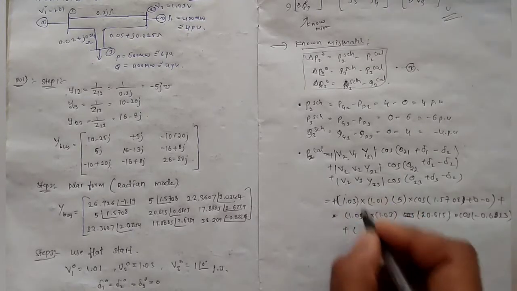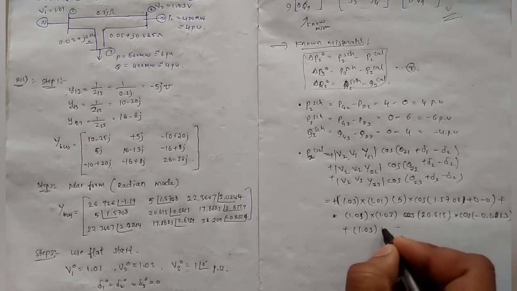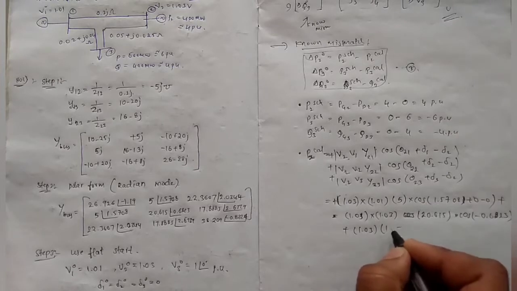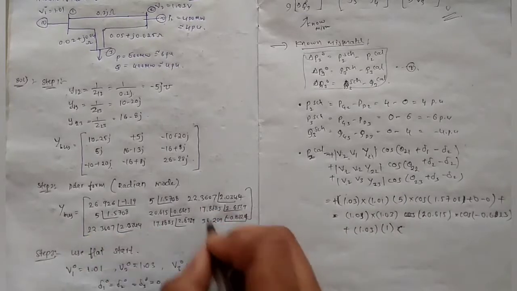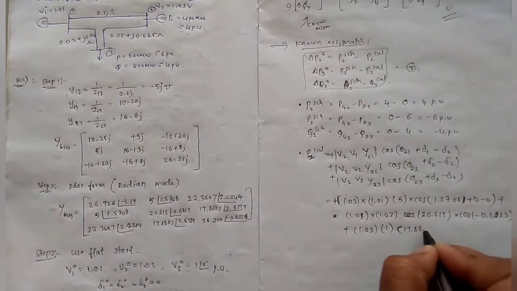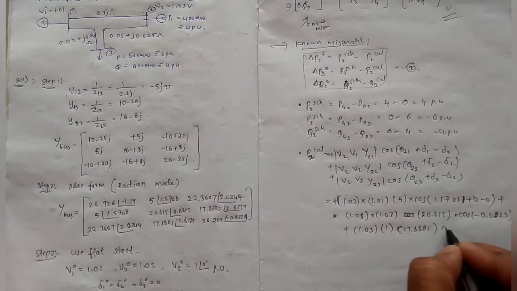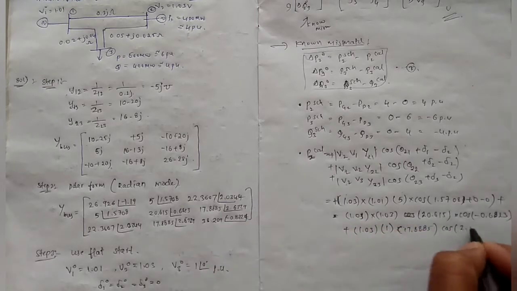Plus V2 is 1.03, V3 is 1, and into Y23 is 17.885 close, cos of 26779.